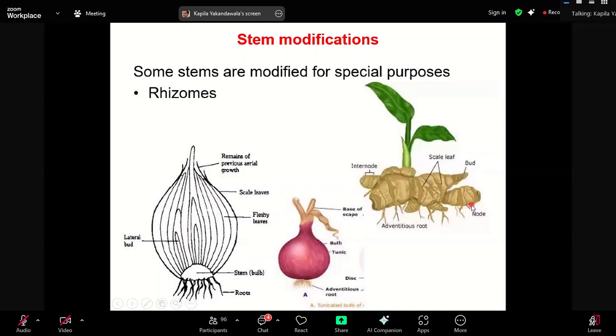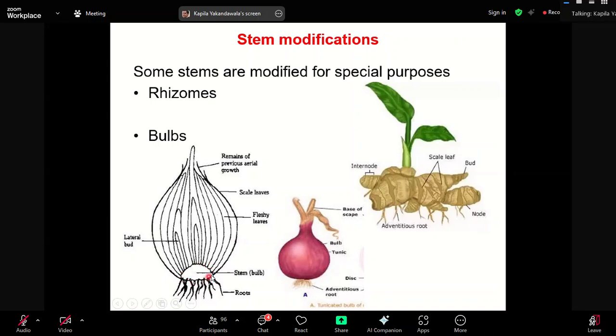The whole stem is underground, and the rhizome is parallel, or horizontal, to the ground level. They grow horizontally. They have buds, and they have these nodes, scale leaves. Distance between nodes is internode. Then they have adventitious roots as well. Then if you look at onion, it's a bulb.